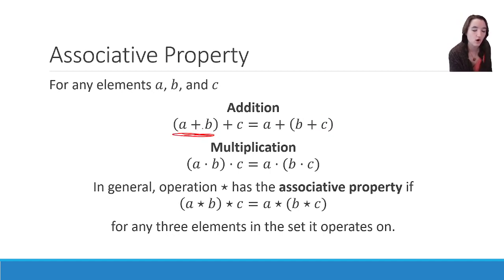So A and B are associating. If we think about the word associate, it means to, like, talk to, right? So A and B are talking, and then they bring C in. Versus B and C are talking, and then they bring A in. As long as that's the same thing in the end, it's still the 3 talking, right? Then we have associativity. They all can associate together, and it's the same thing. So that's where that name sort of comes from.